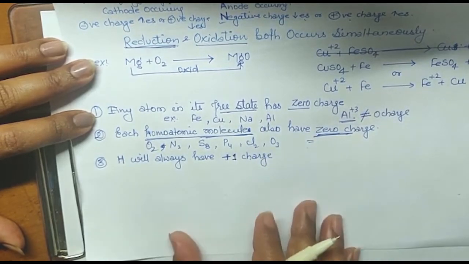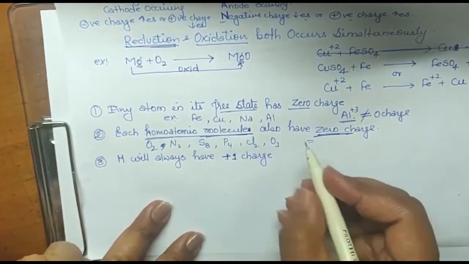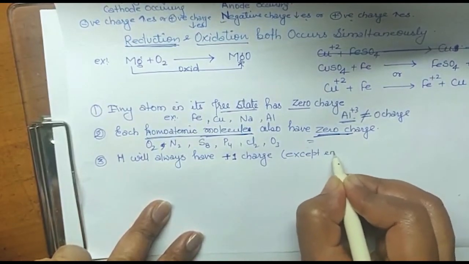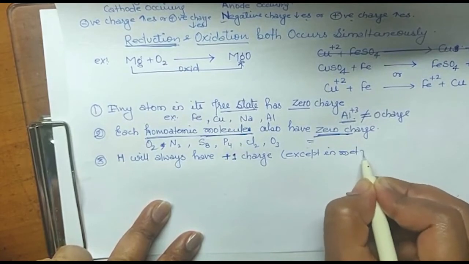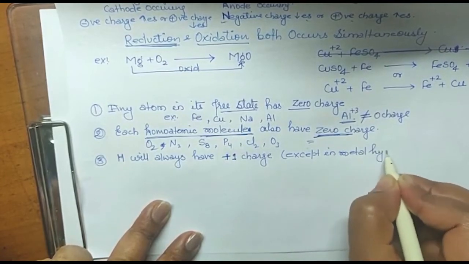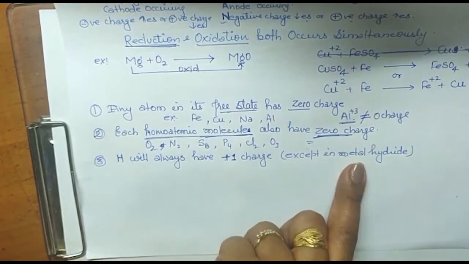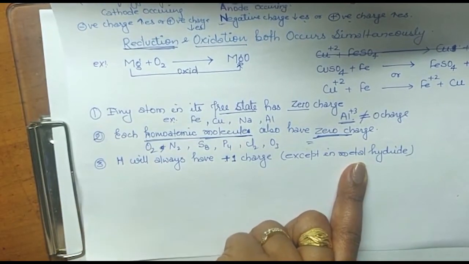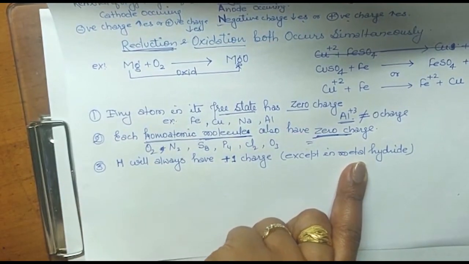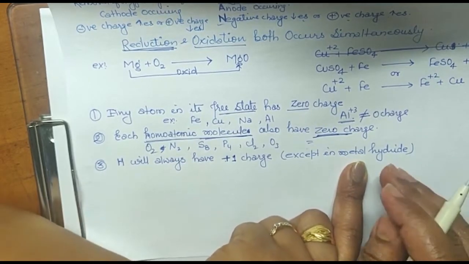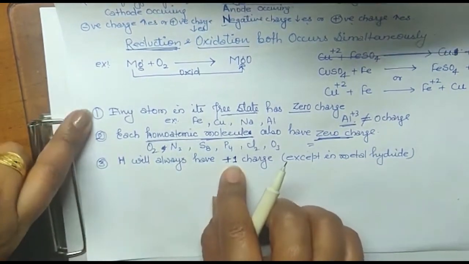In general it will always have plus one charge, except in metal hydride. I will explain when this concept comes up in the examples. Metal hydride means hydrogen is attached with a metal. There hydrogen will not have plus one charge, it will have minus one charge. Got it? But in the rest of the cases, hydrogen will always have plus one charge.